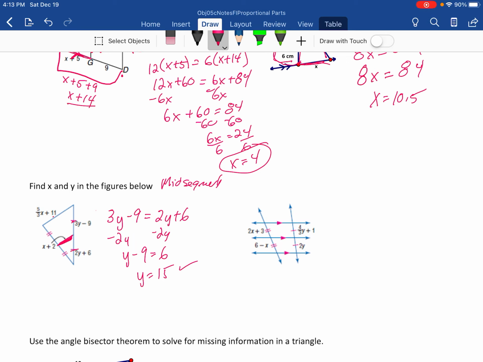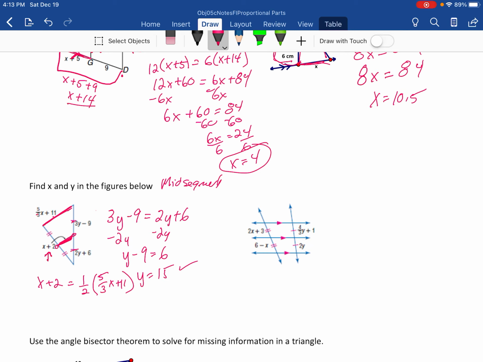This is also a mid-segment, because it joins the midpoints of the sides. So I know that x plus 2 is 1/2 of 5/3 x plus 11.